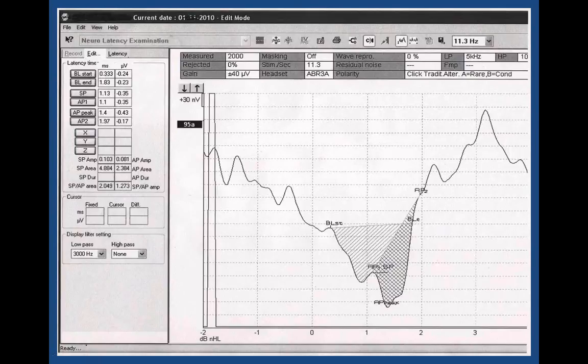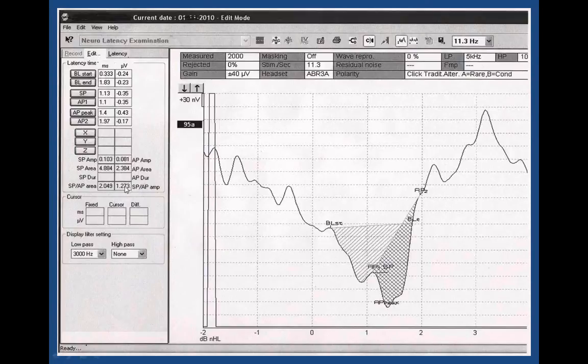Our normative values for these features, and we've looked at it in 3 or 4 different studies. In general, if the area ratio is larger than 2, we consider that abnormal. It's a nice round number. If the amplitude ratio in response to a 90 dB click is greater than 40 to 45%, we consider that abnormal as well.